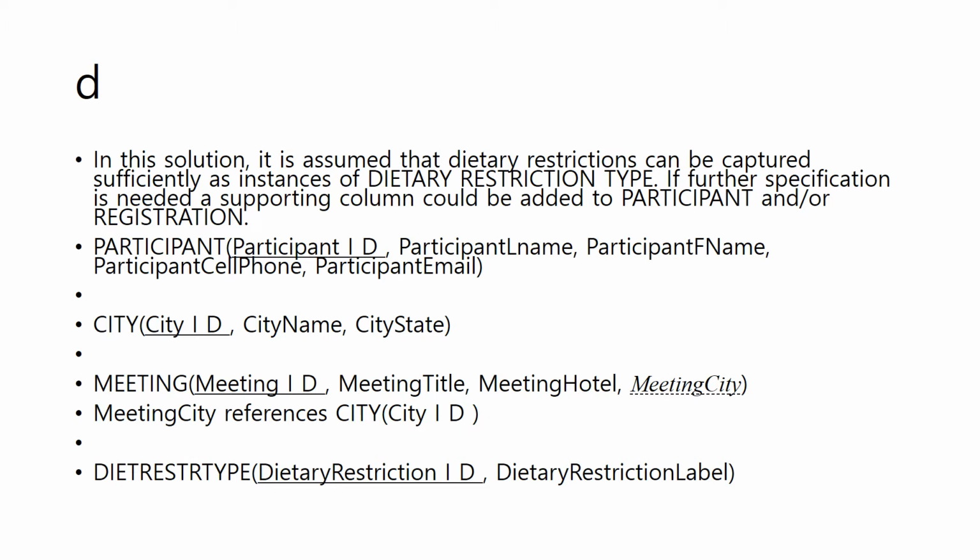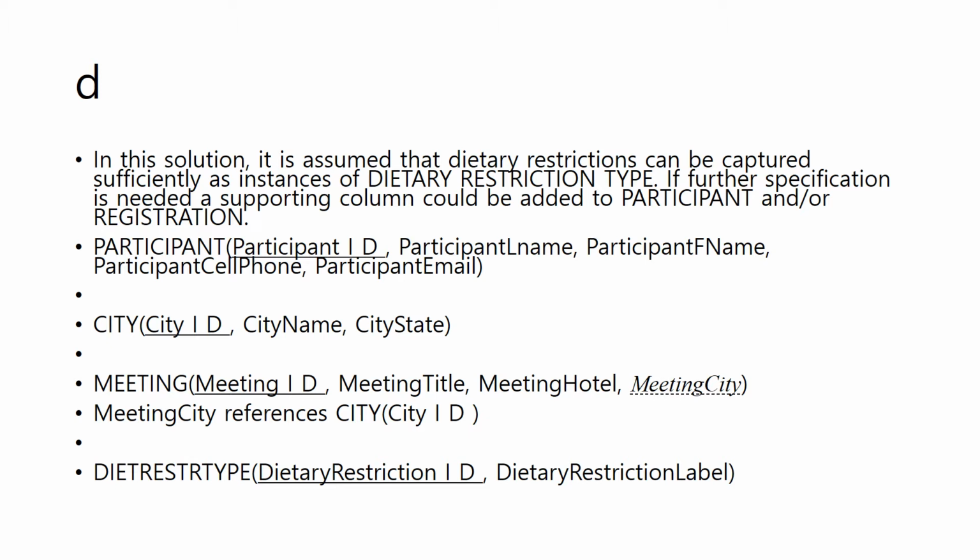Participant ID must be the primary key, and then participant last name, participant first name, participant cellular phone, participant email.